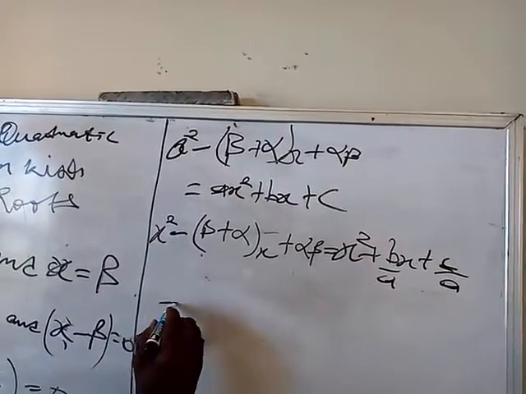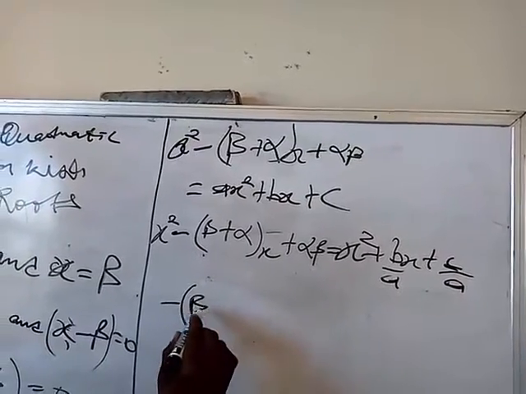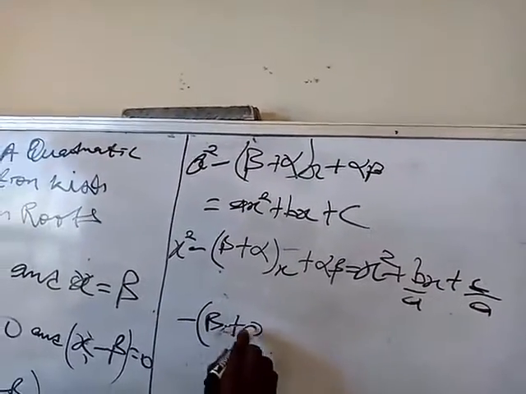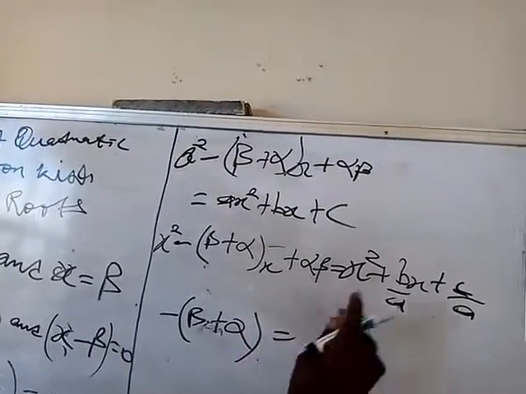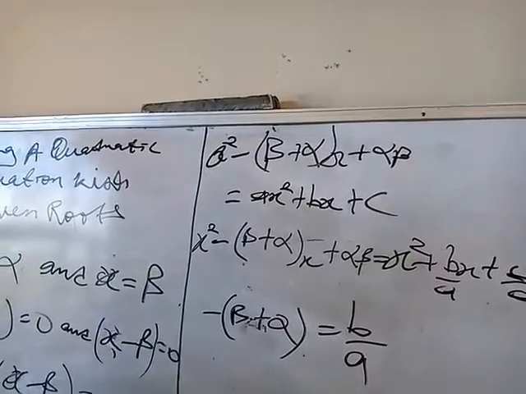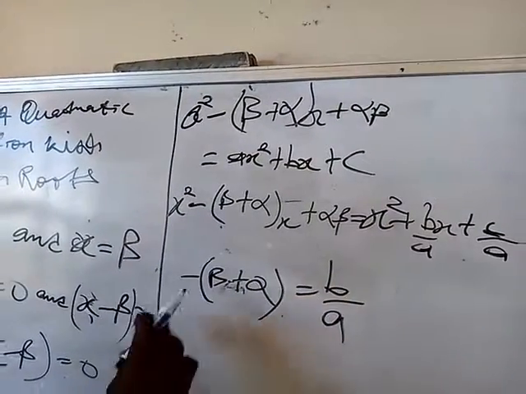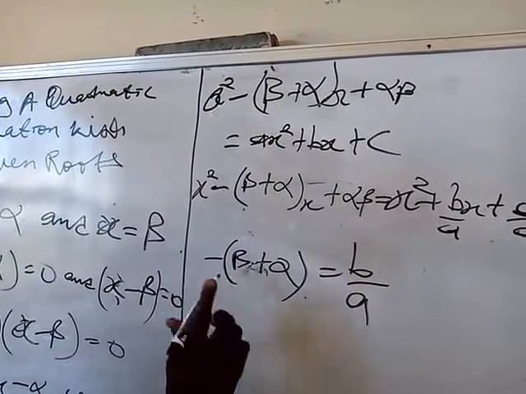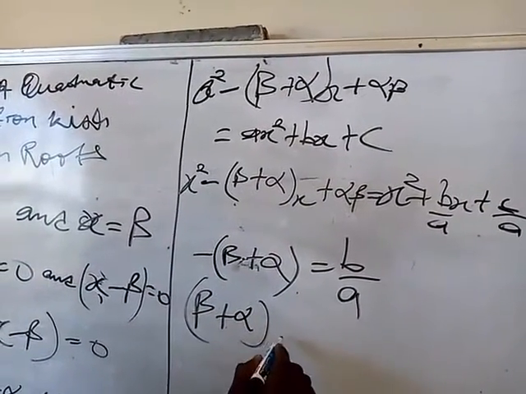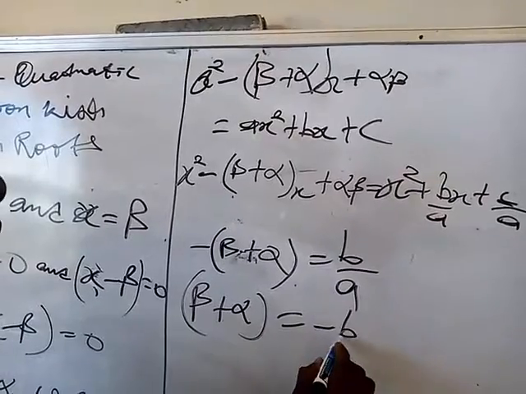When you equate them, you have minus b over a equal to beta plus alpha. We divide by minus, because we don't want to see this minus here, and you have beta plus alpha equal to minus b over a.